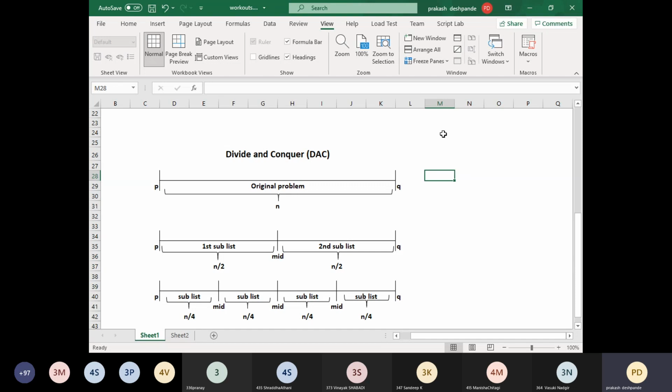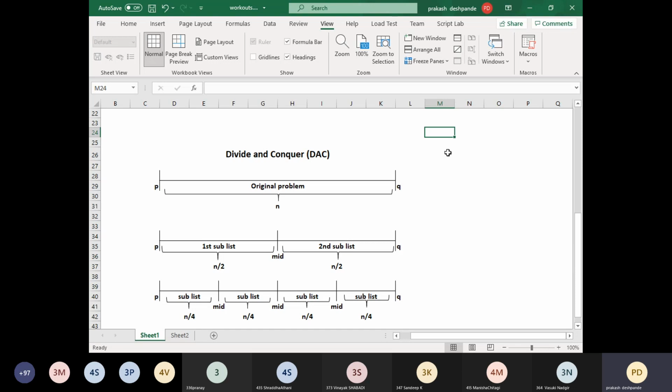For example, suppose there are 1000 numbers, and it is asked to search for a given number. Then there can be 2 possibilities: the number can be present, or the number may not be present. We will keep dividing the given problem in such a way that we reach the final stage, which is the sub problem that cannot be further divided.